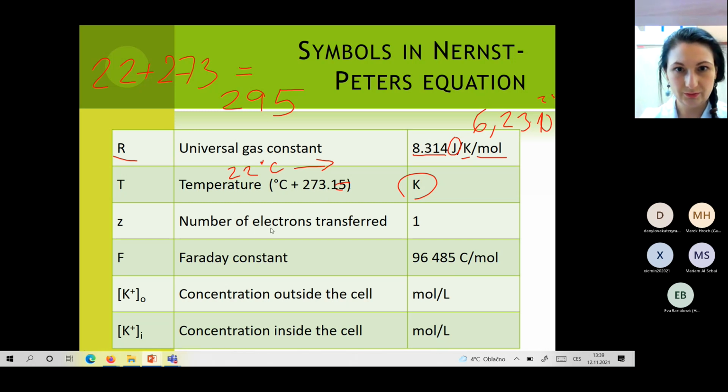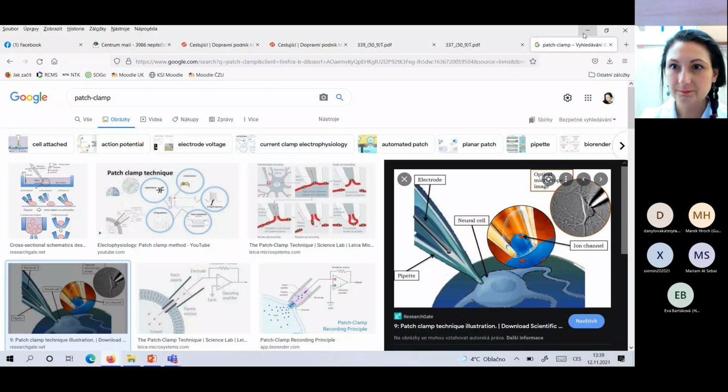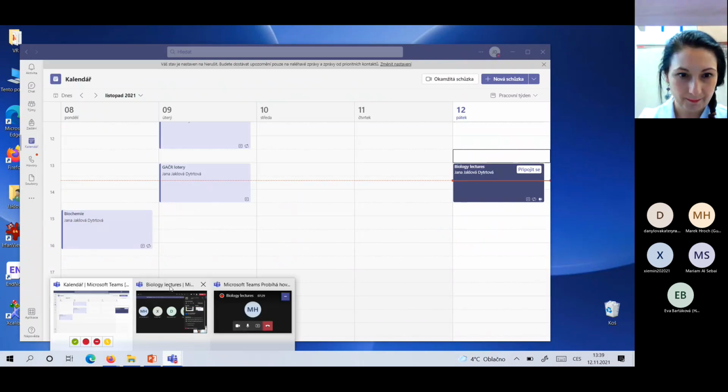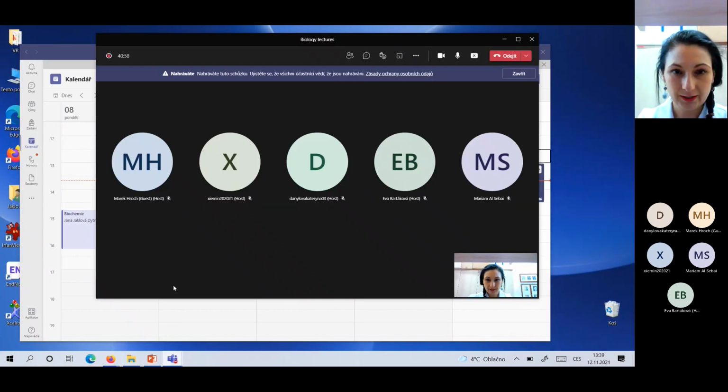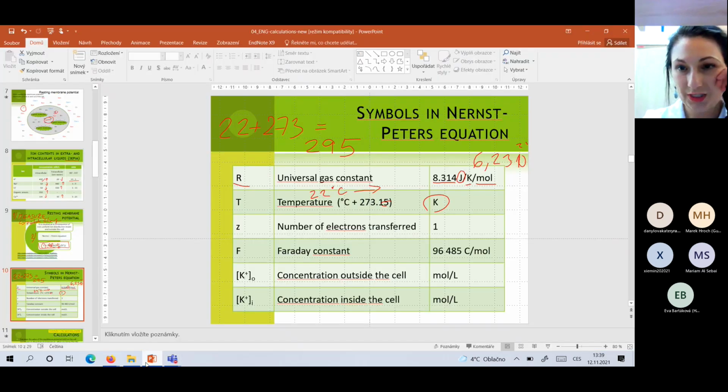So who didn't speak? I have to see which students I have here. Okay. Marek, Siemin, Katarina, Eva, Mariam is here. So Mariam, please, could you tell me what is the value of absolute temperature of our physiological temperature?